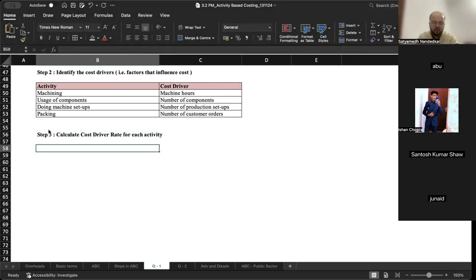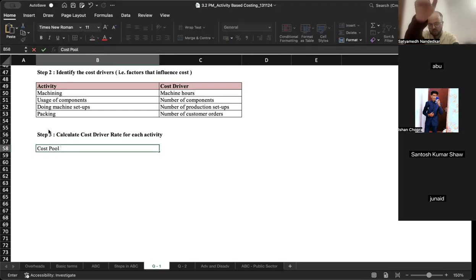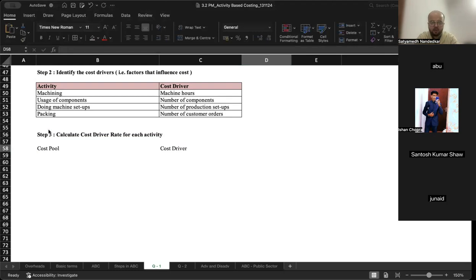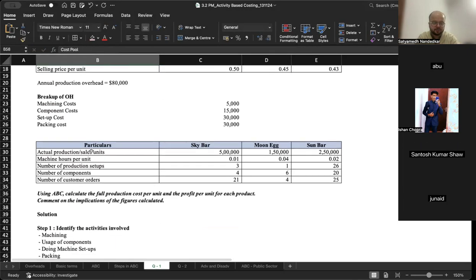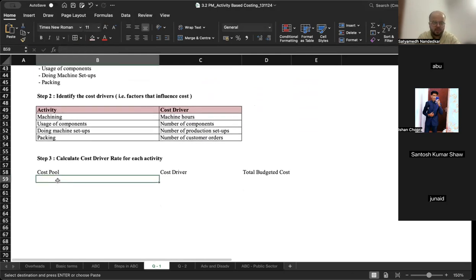Okay, so we are going to write down first of all the name of the cost pool, which is already given to us. Then we do have our cost driver, followed by total budgeted cost. Cost pool, these four.